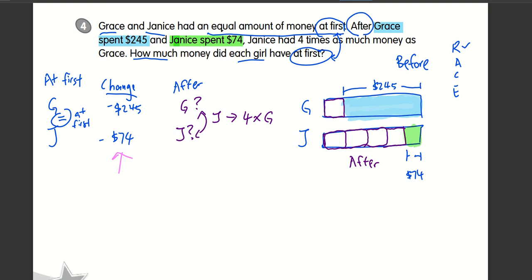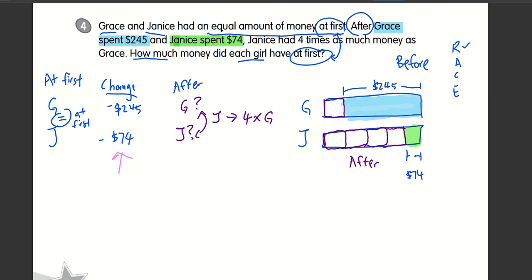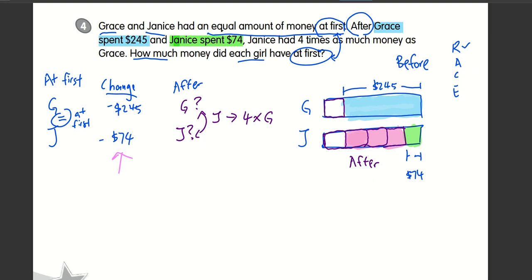Let's focus on their difference now. Can you see over here there's something that is outstanding, between the 245 and 74? Can you see this portion? Then as a result, are you able to identify that, hey look, that's 1 unit, 1 unit, 1 unit, 1 unit, 1 unit?